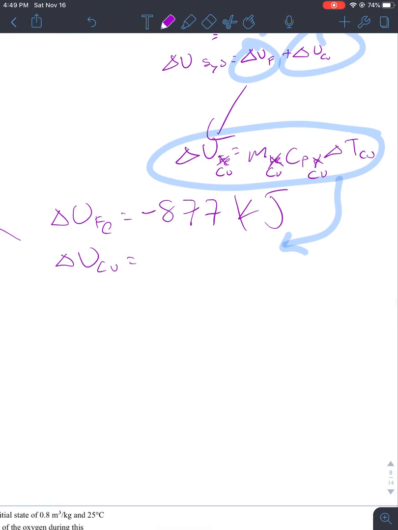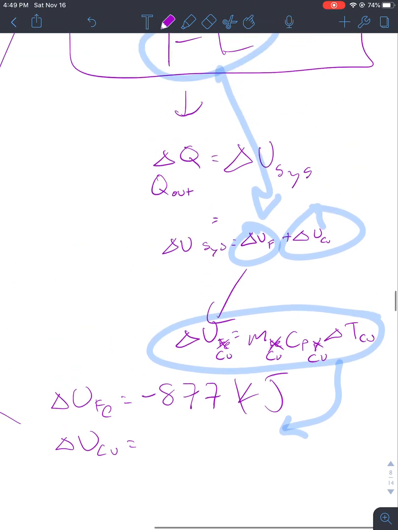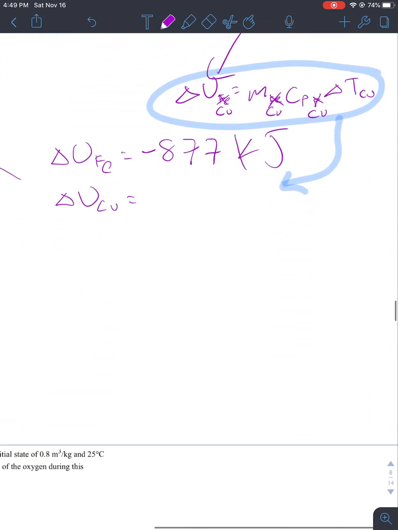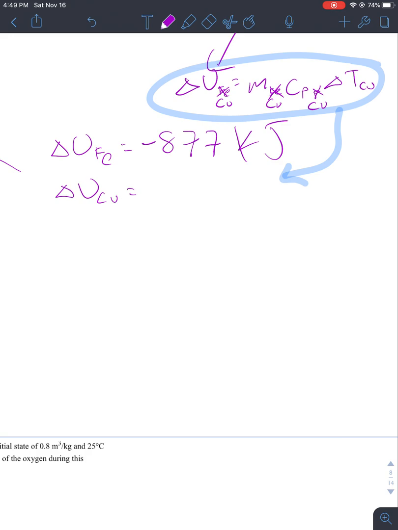And you end up getting, hold on, let me put it into the calculator. All right, and with the calculator value, you got negative 1,003.6 kilojoules out.